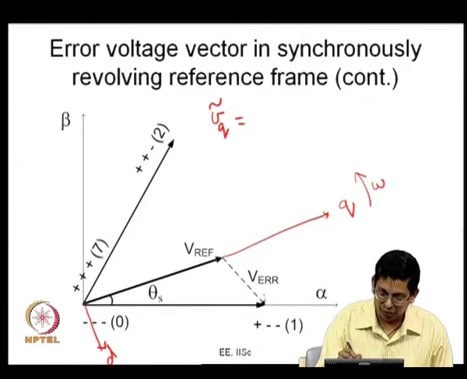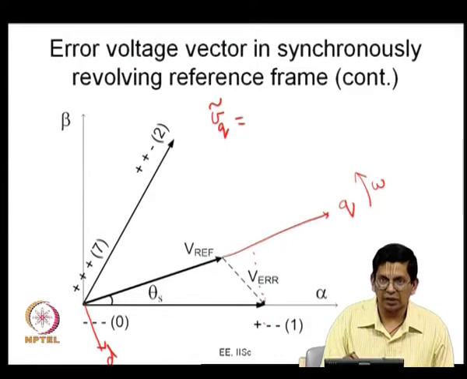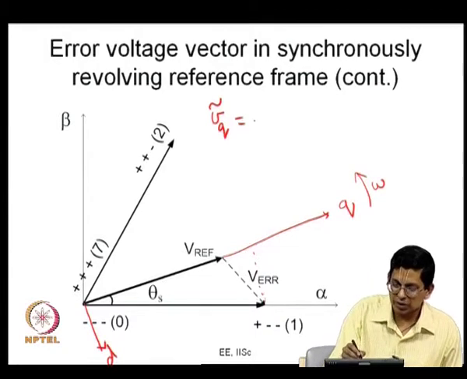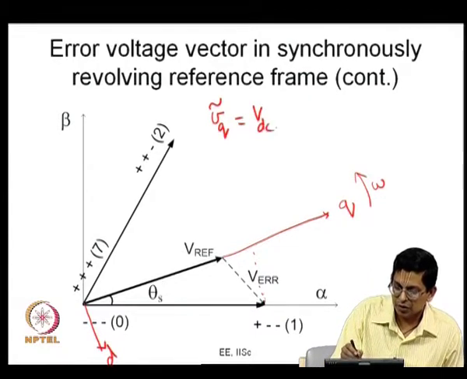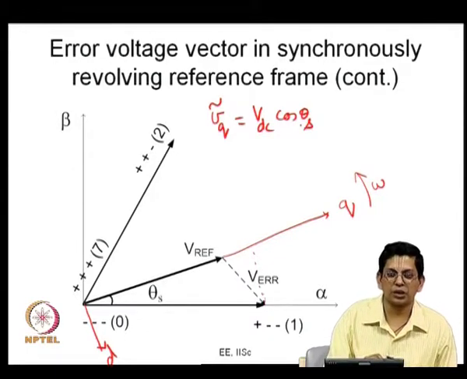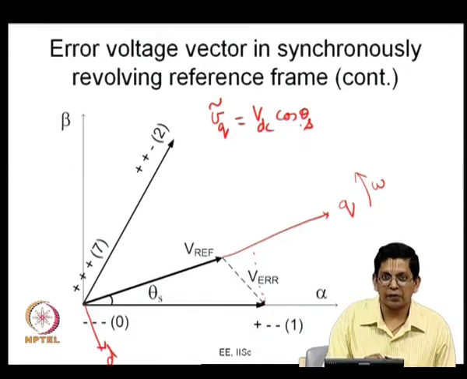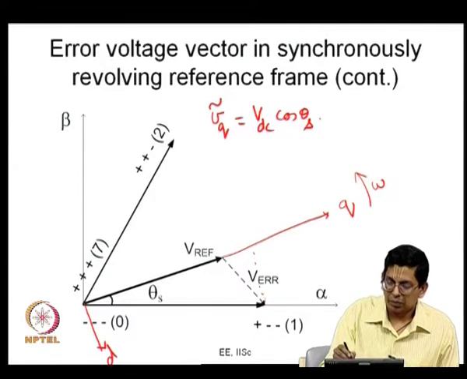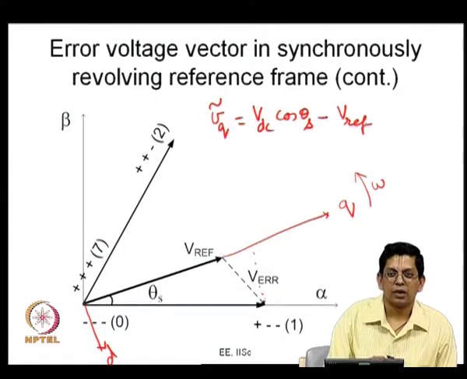That is the component of the applied vector along the Q axis. The applied vector is VDC angle 0, so along the Q axis it is VDC times cos of theta s, and this is the applied vector, minus the actual vector, which is V reference. So, this is the error along the Q axis now.